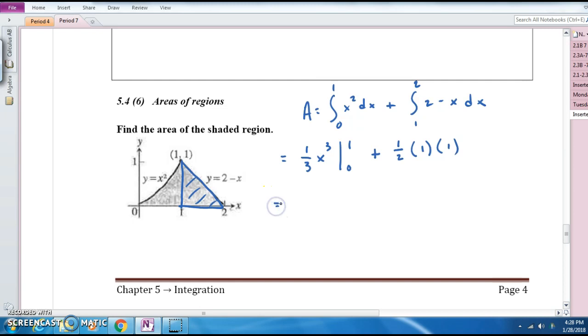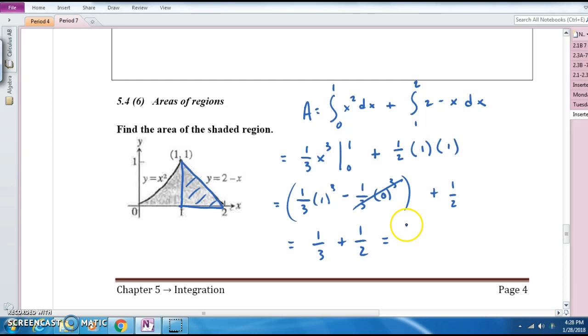Fundamental theorem of calculus right here: this is going to be 1/3 times 1 cubed minus 1/3 times 0 cubed. And then over here I have plus 1/2. That cancels. We end up getting 1/3 plus 1/2, which ends up being 5/6.